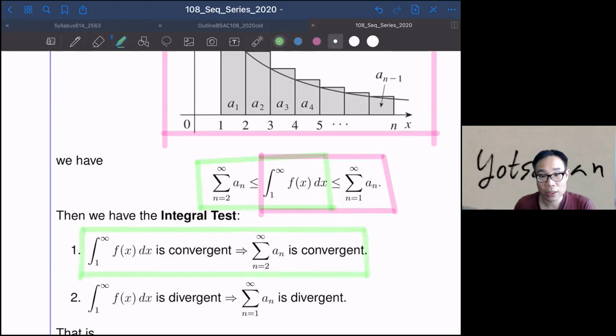However, if the smaller one, the series, turns out to be infinity, then the integral also diverges. If the series diverges to infinity, the integral is also infinity and diverges as well. That comes from the pink one.